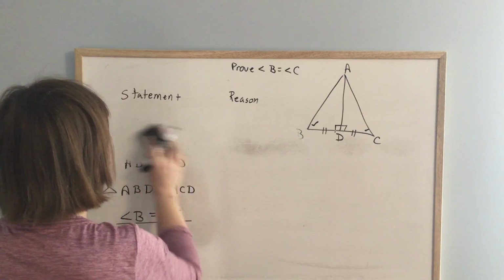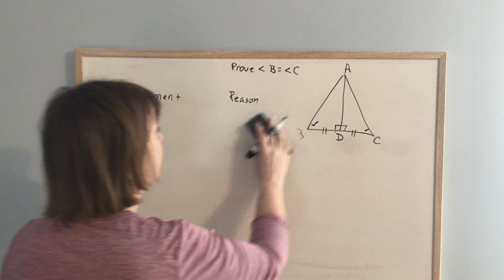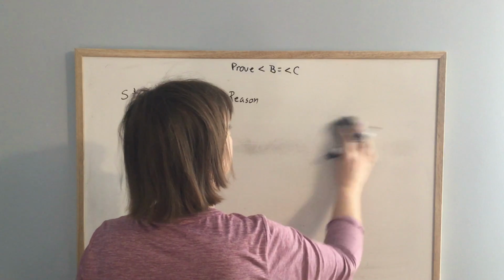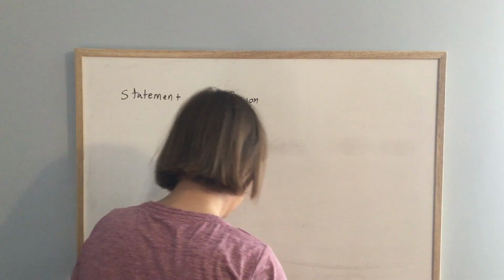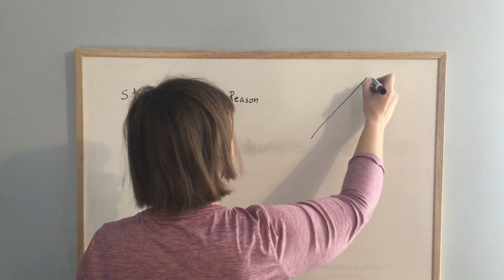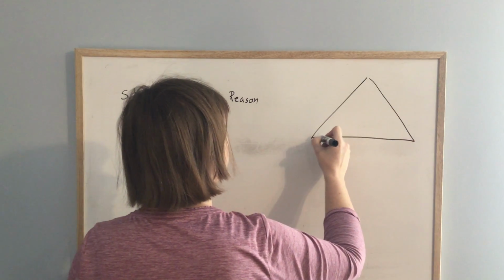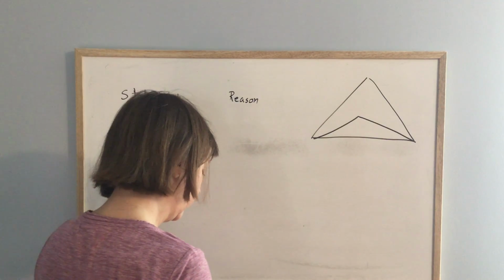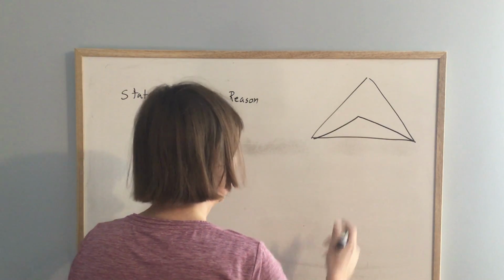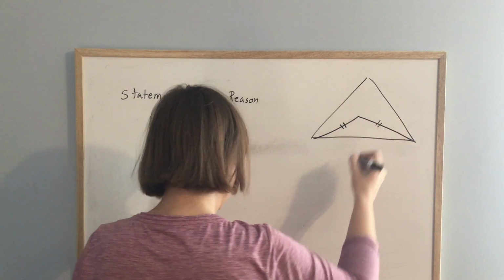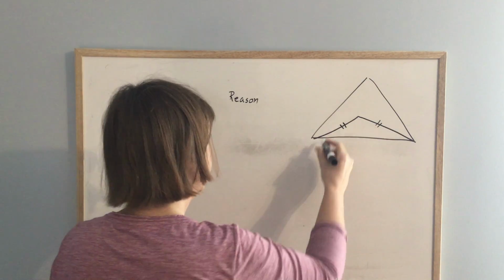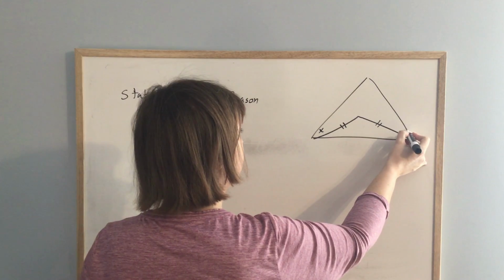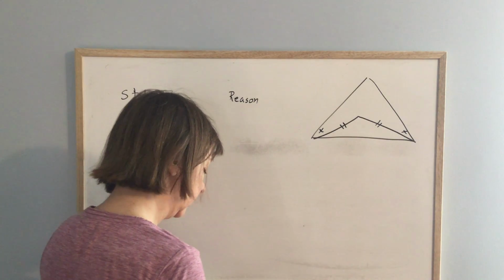So we're going to leave the statements and the reasons over on this side, and we're going to look at number 2. Number 2 has a triangle, and then it has a little triangle within that bigger triangle. And they say that this is equal to this, and that this angle in here is the same as this angle in here.